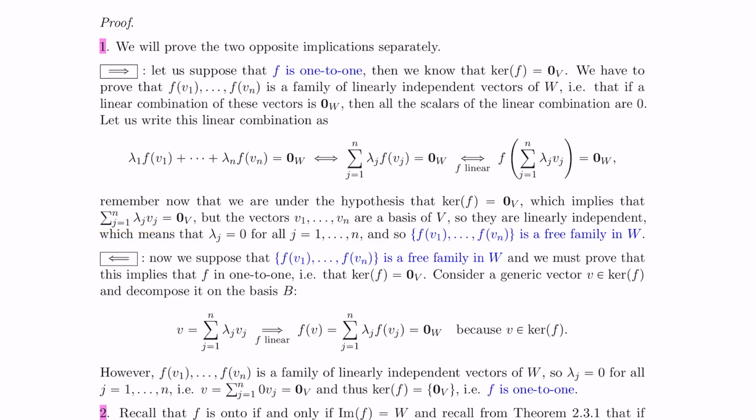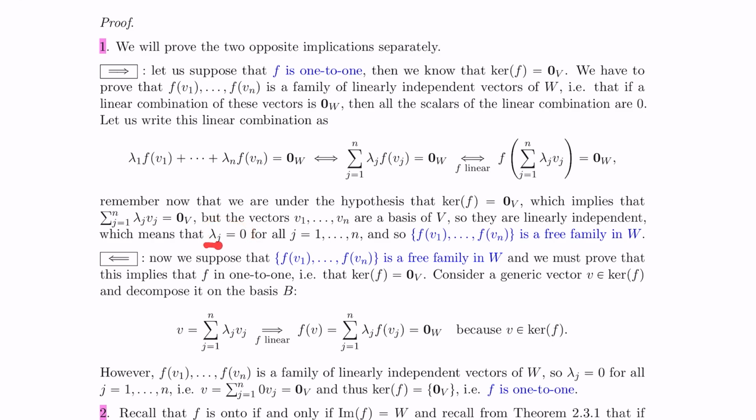However, remember that v1, ..., vn constitute a basis for V, and so in particular they are linearly independent, which means that a generic linear combination of them is equal to the null vector of V if and only if all the scalars lambda j are zero.